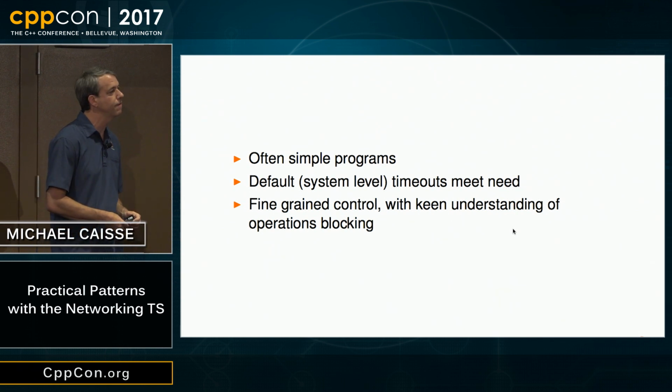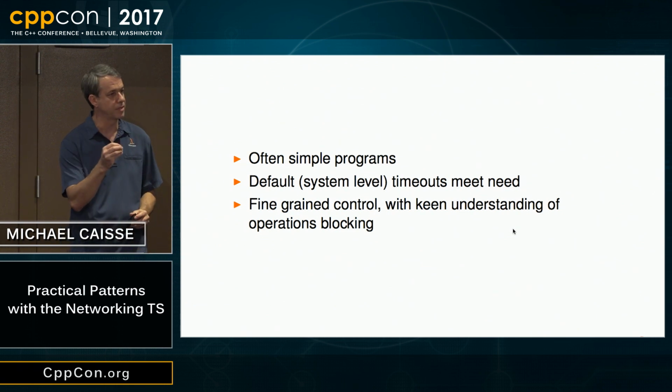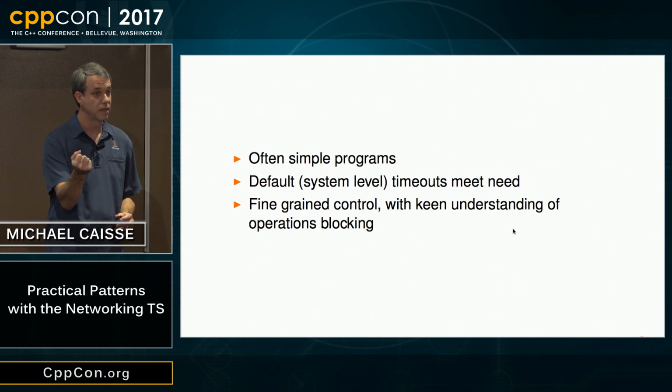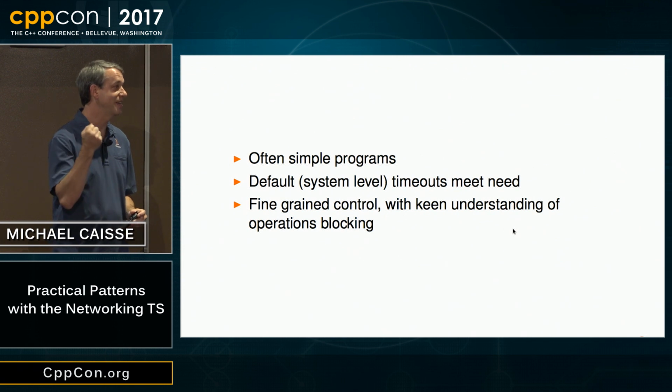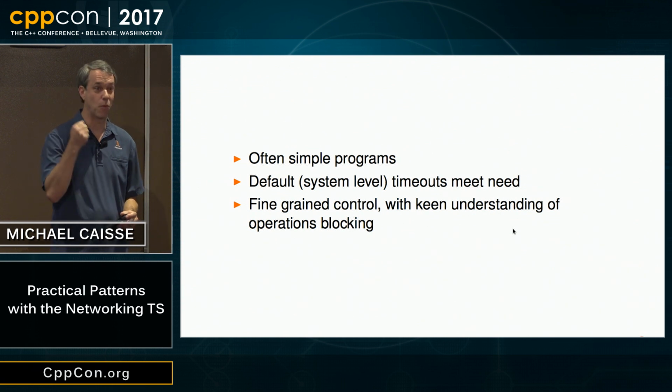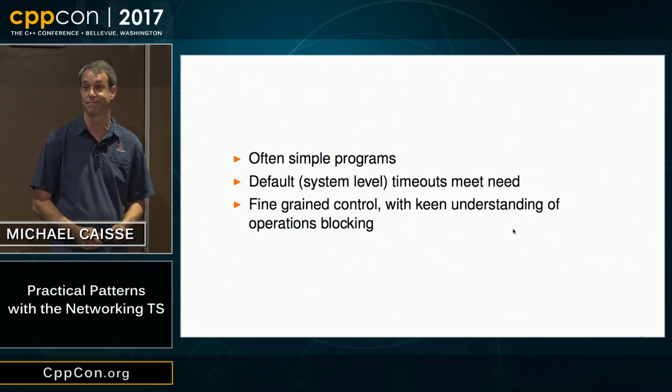The other is fine-grained control, and sometimes it's the one that we forget. So if you need really fine-grained control of something, and you have a keen understanding of how the underlying thing works, blocking synchronized I/O is going to have a lower latency and be faster for that one thing than anything else, right?